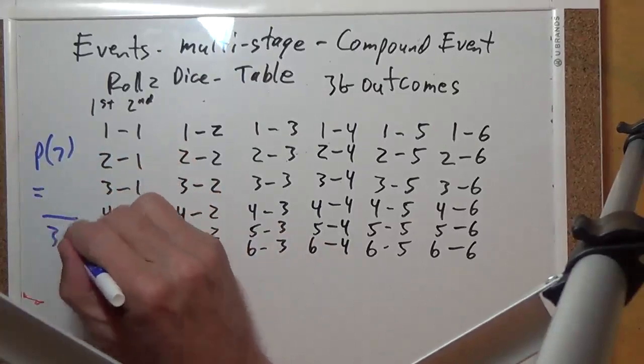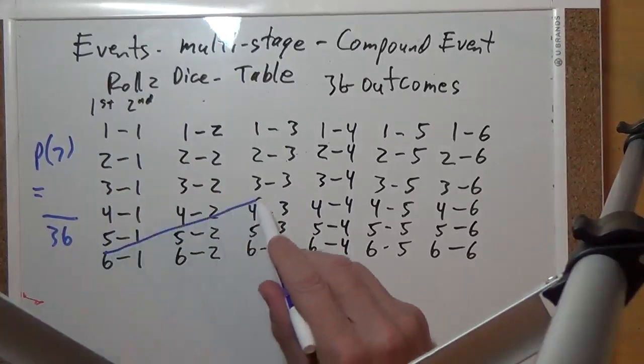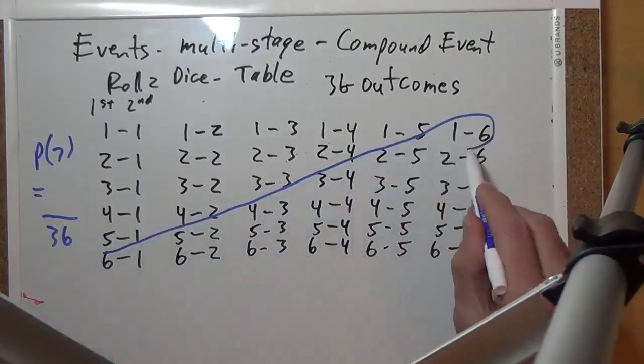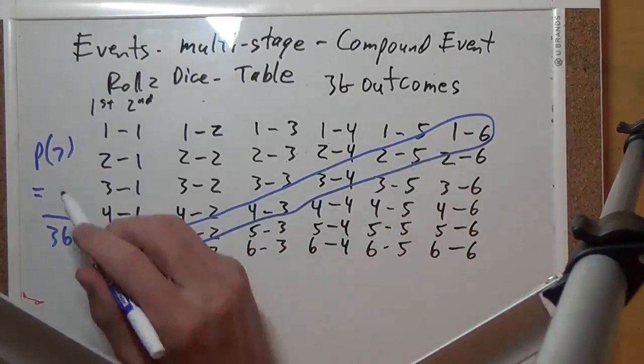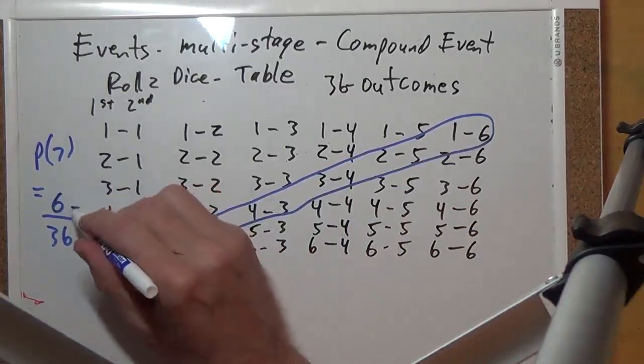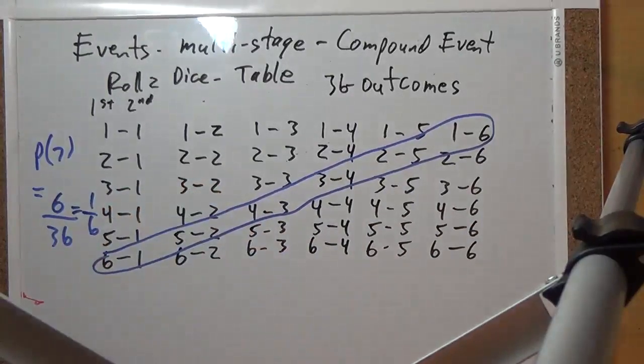Well, we did our counting. I know there's 36 total outcomes, and where are all the 7s? They're on this diagonal, and we can count there's 6 of them. So that's why we're learning to count.